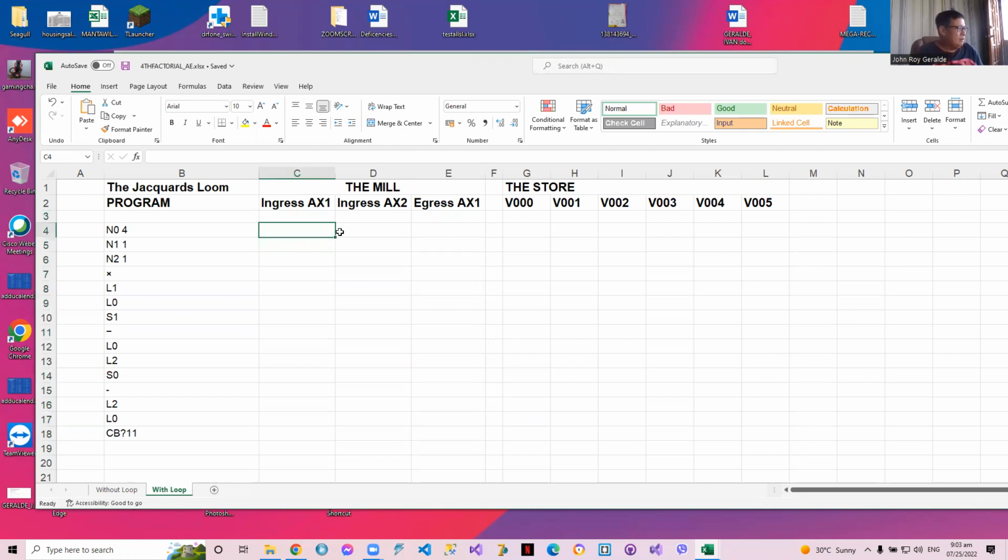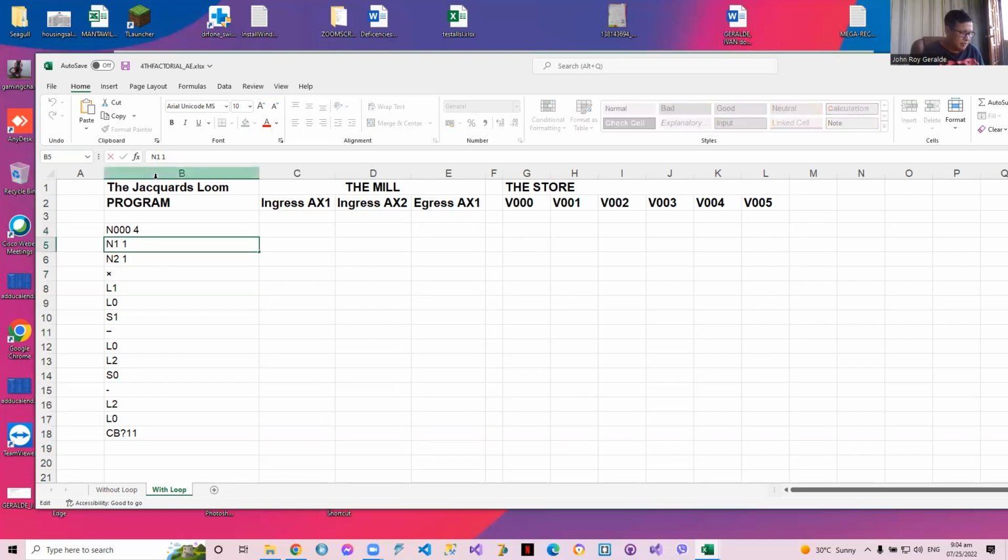Okay. So first we have N0. Let's make it 0, 0. Okay. N0, 0. Three digits because there's 0 to 99. Okay. So this is looping.